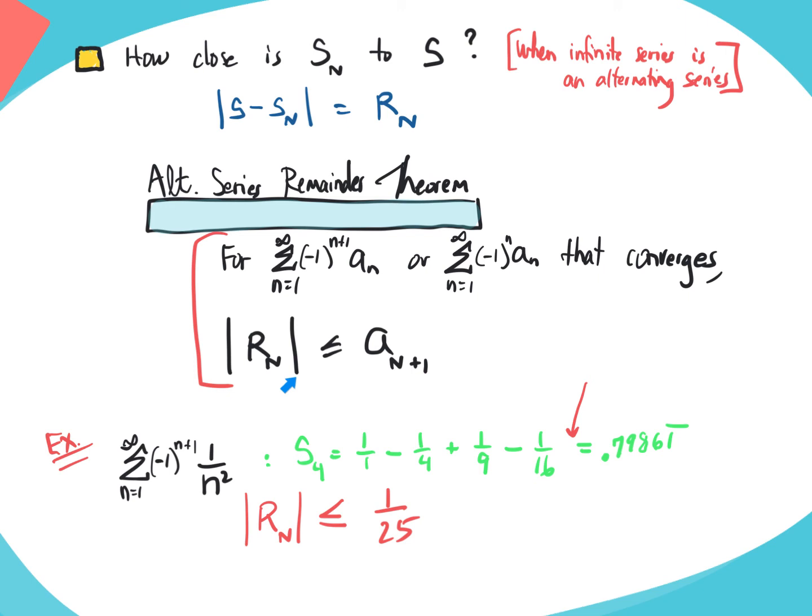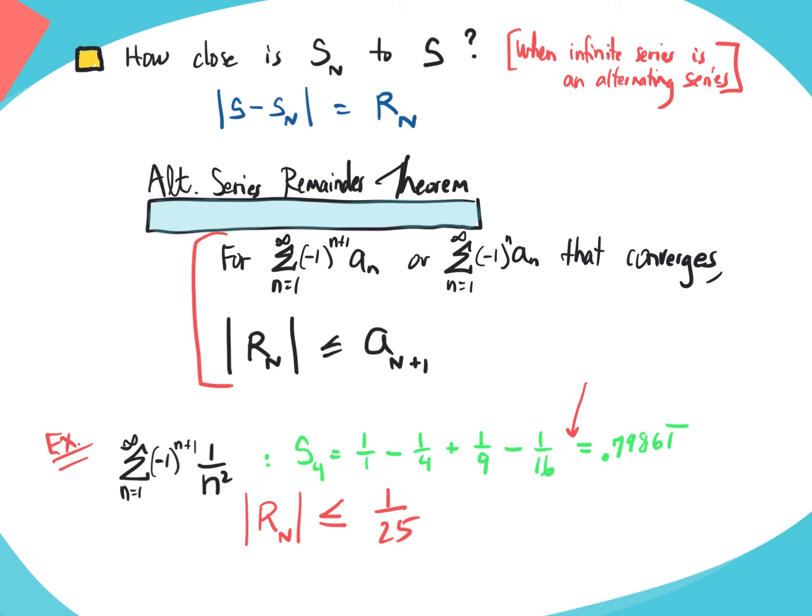And when we say the first neglected term, we're not including whether it's positive or negative, right? a sub n plus 1 comes from this expression, not the alternating factor, just the expression 1 over n squared. So the fourth partial sum stops with a sub 4. So a sub 5, which is 1/25, is the upper bound of our error.